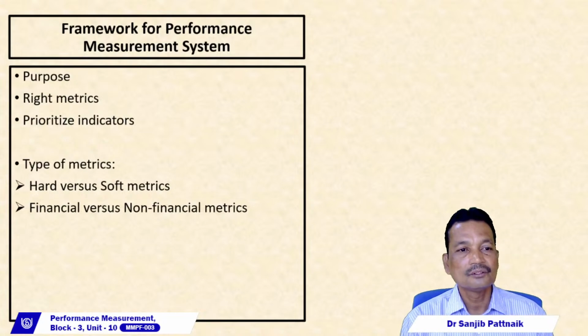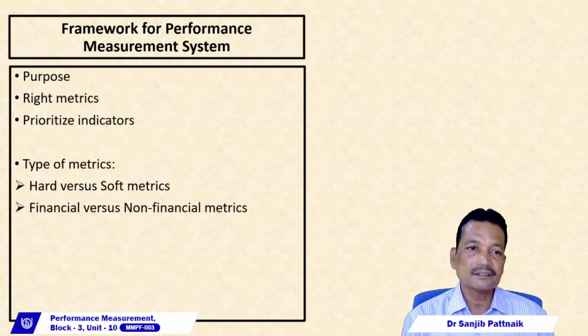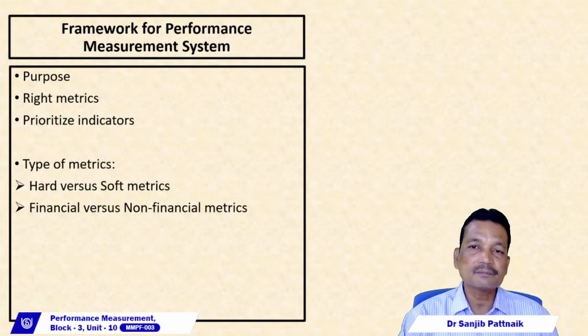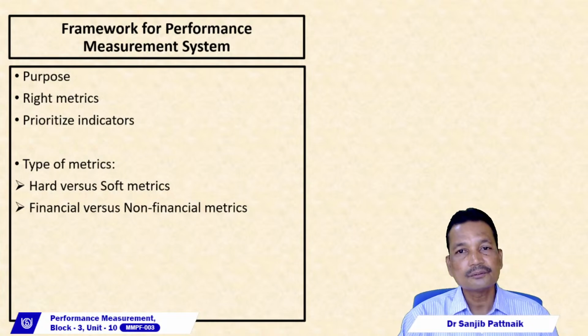Now, let us see what is the framework for performance measurement system. First, in order to have performance measurement system, we should know the purpose. When we say purpose, we should be able to answer the question like why we are measuring the performance of this particular activity, how it is going to serve us.